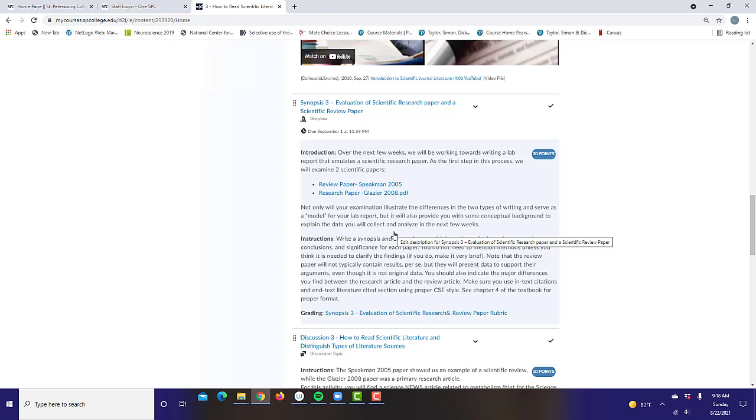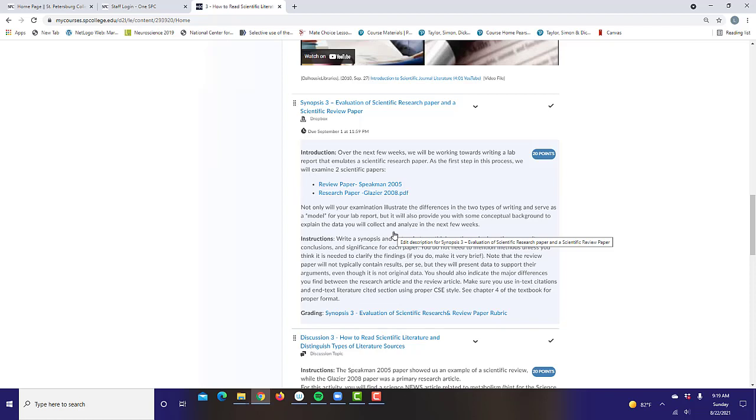The specific articles I've chosen are going to be talking about concepts that we will be writing our report on. So it's not just looking at different types of papers, it's actually also looking at the concepts that are presented. Over the next few weeks, we are going to read these papers about metabolism and some aspects related to metabolism.